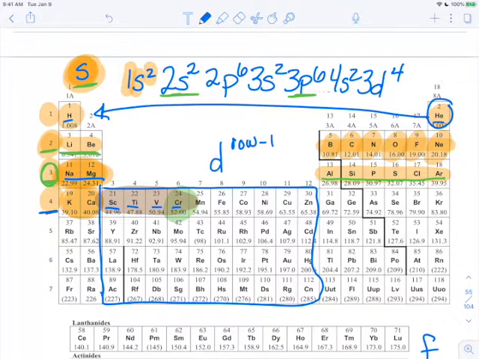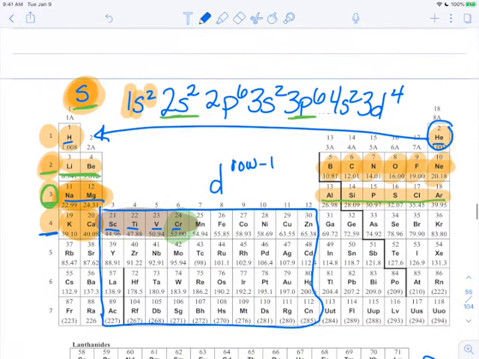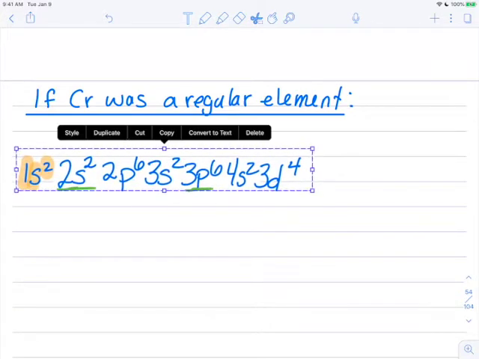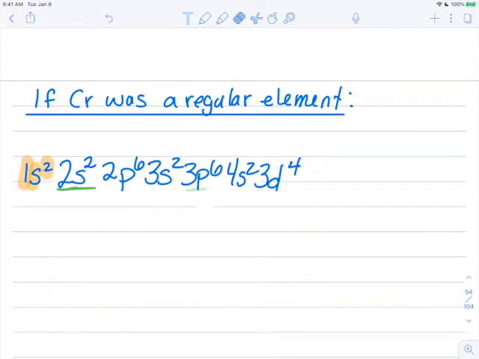Okay, so let's go ahead and copy this down to the previous page. So this is if chromium was a regular element, which it is not, but we're going to pretend it is for a moment.